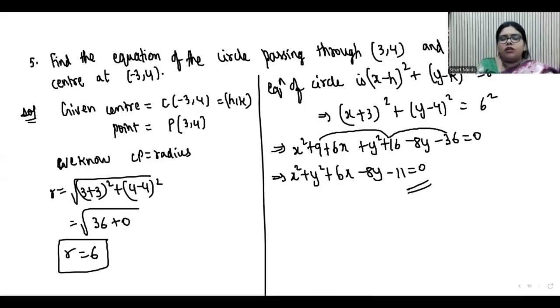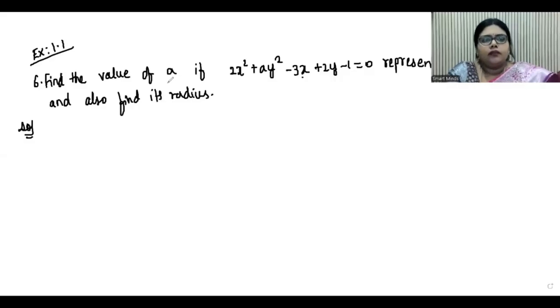So we have covered 2 models in this class. Let us continue exercise 1.1 here. The sixth question is: find the value of a if 2x square plus ay square minus 3x plus 2y minus 1 equals 0 represents a circle, and also find its radius.